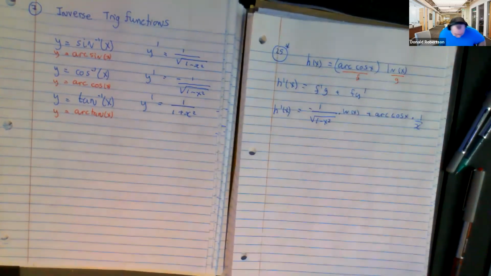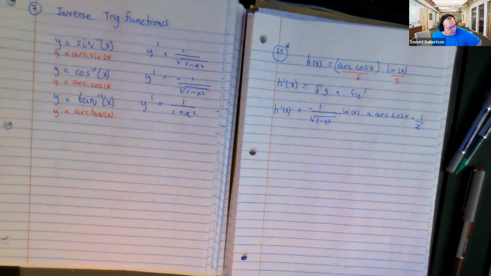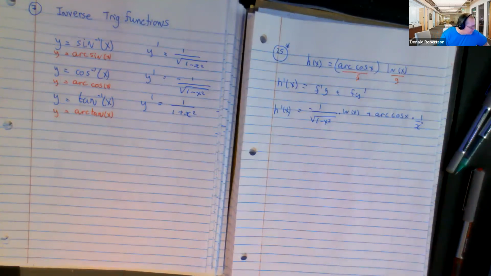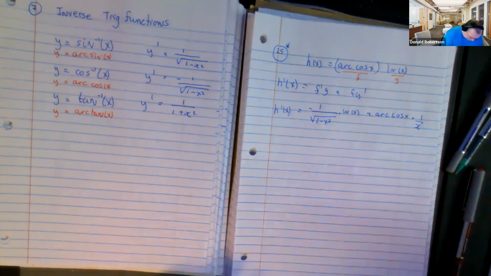And sometimes you just have to do this. There is nothing I can think of that would make that any prettier. So we're finished. Sometimes you just get a function that you can't do anything to.